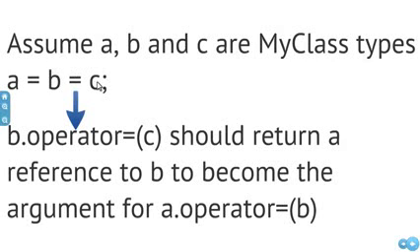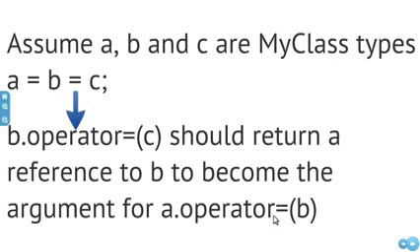So we'd be assigning the value of C to B, and then whatever that quantity would be to A. The first thing that would happen is the overloaded assignment operation is performed on this object B, and C is simply our argument. That should be returning a reference to B so that it can become the argument to this operation here, which is our assignment from B to A.